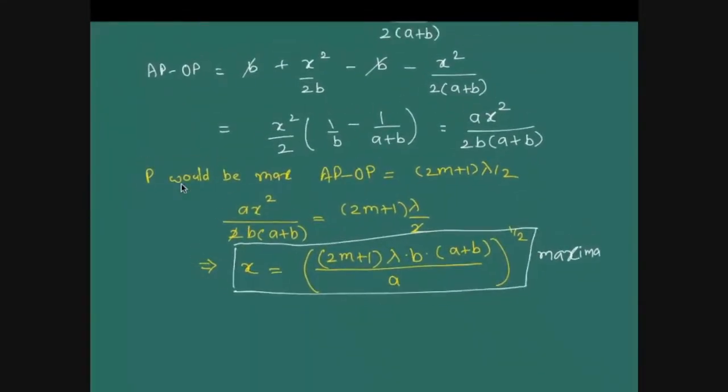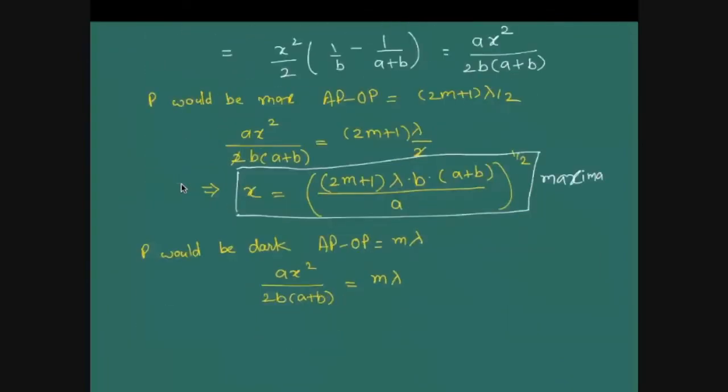Similarly, P would be dark if AP minus OP is equal to m times lambda. So AX square upon 2B A plus B would be equal to m times lambda.